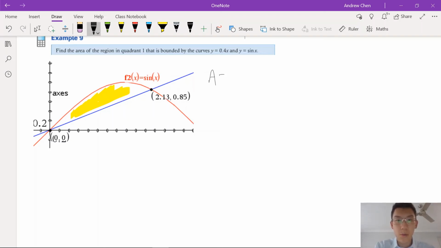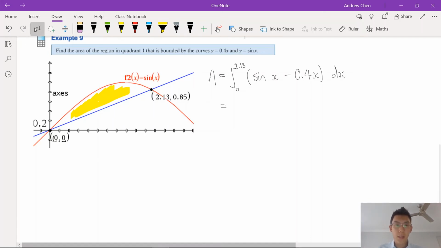Area equals, so the integral from 0 to 2.13. Now, remember, area between curves is always the top function minus the bottom function. So top function in this case is sine x, and then take our bottom function, 0.4x dx, right, equals.